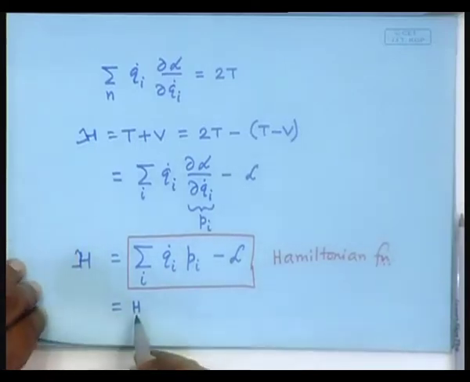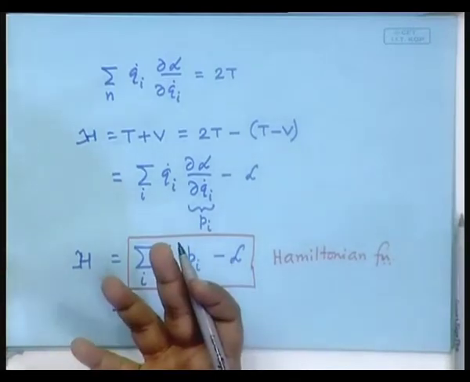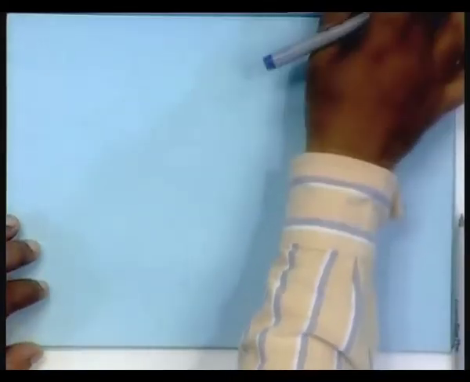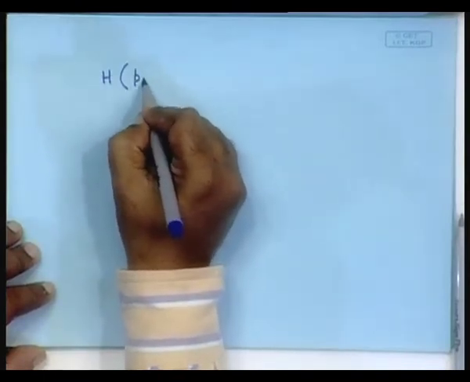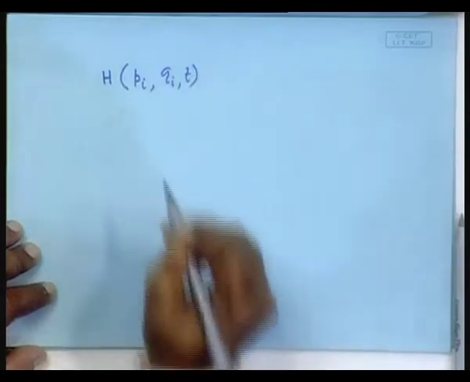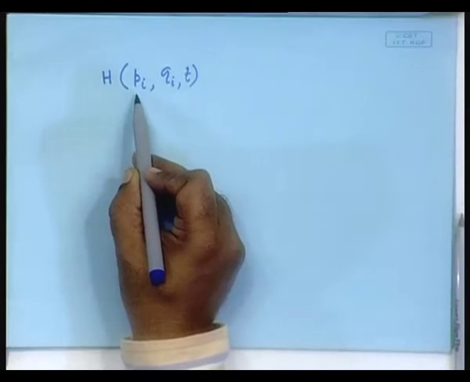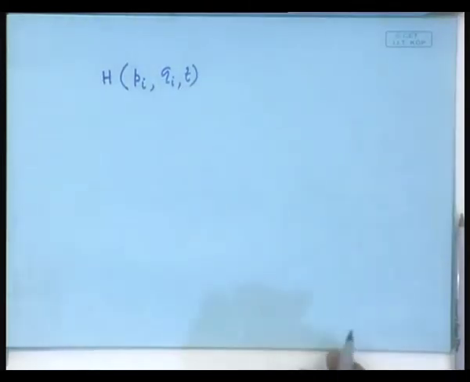Now, what is this total energy dependent on? Total energy is dependent on the momentum, the position and the time. Okay. So, we can write the total energy H is a function of P I, Q I and time, right. That stands to reason. The kinetic energy is dependent on the momenta, and the potential energy dependent on the positions, and things can be dependent on time also.